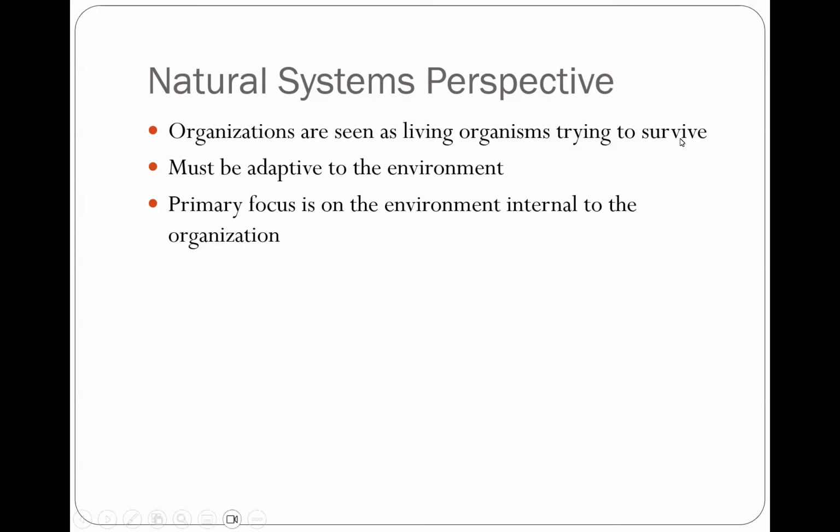This process of entropy, central to natural systems theory, says that as an organization ages, it dissipates energy until it gets to the point where it has dissipated so much energy and so many resources into the external environment that it no longer has the requisite resources to support itself.